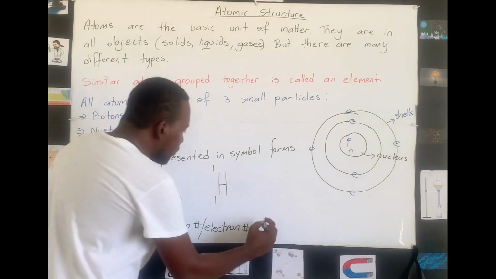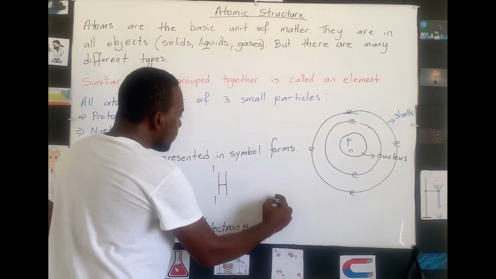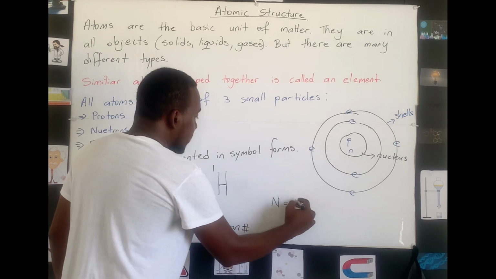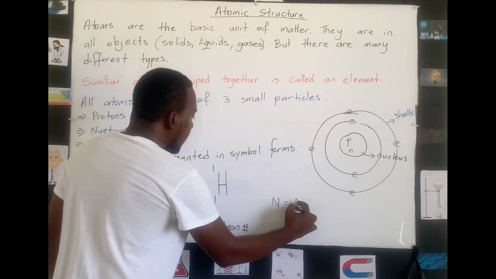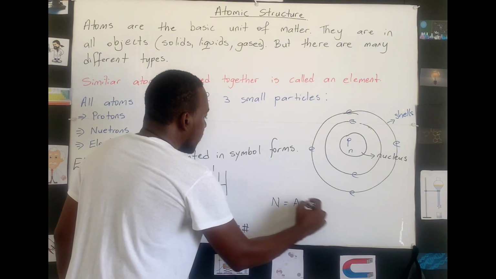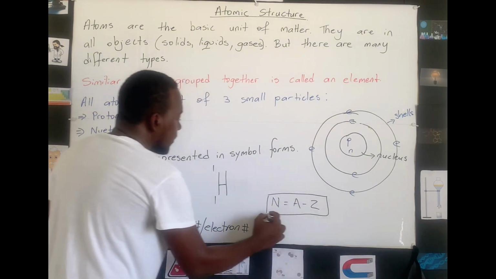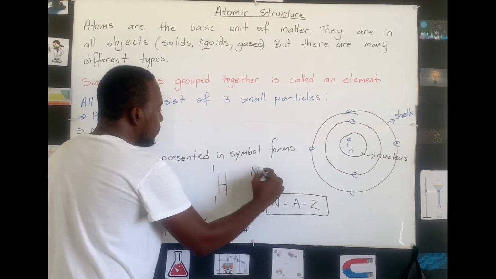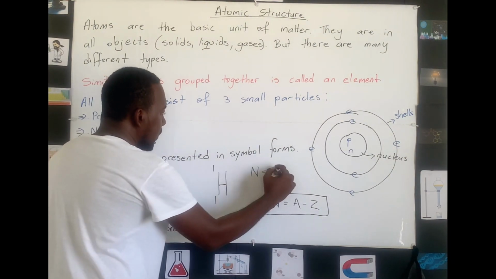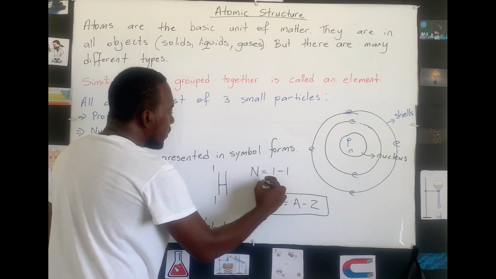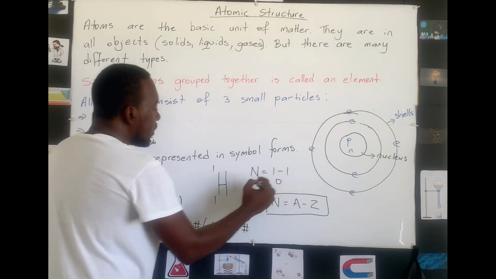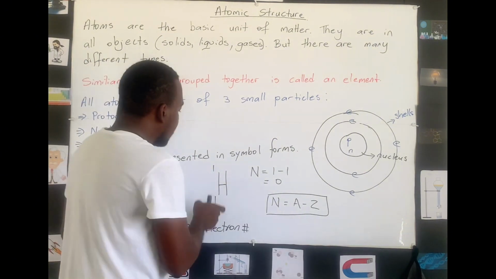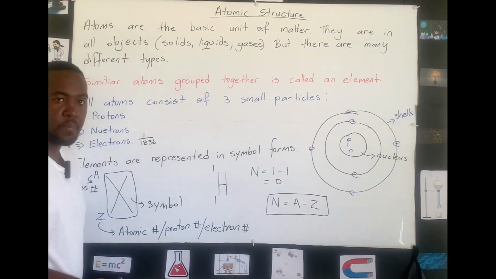To find the number of neutrons, call it N, it would be the mass number, which is A, minus the proton number, which is Z. So for hydrogen, the neutron number is 1 minus 1, which is 0. So hydrogen is the only element in the periodic table that does not have a neutron.